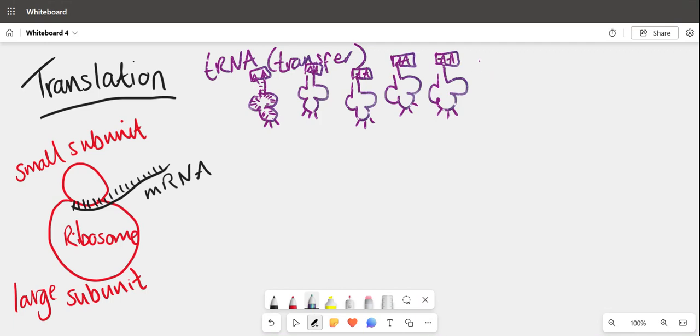So, for example, the first amino acid in any polypeptide chain, which is the chain of amino acids that folds to make a protein, the first amino acid is always an amino acid called methionine. Now, methionine is coded for on the mRNA by a triplet AUG. I always remember it because it's like August, AUG.